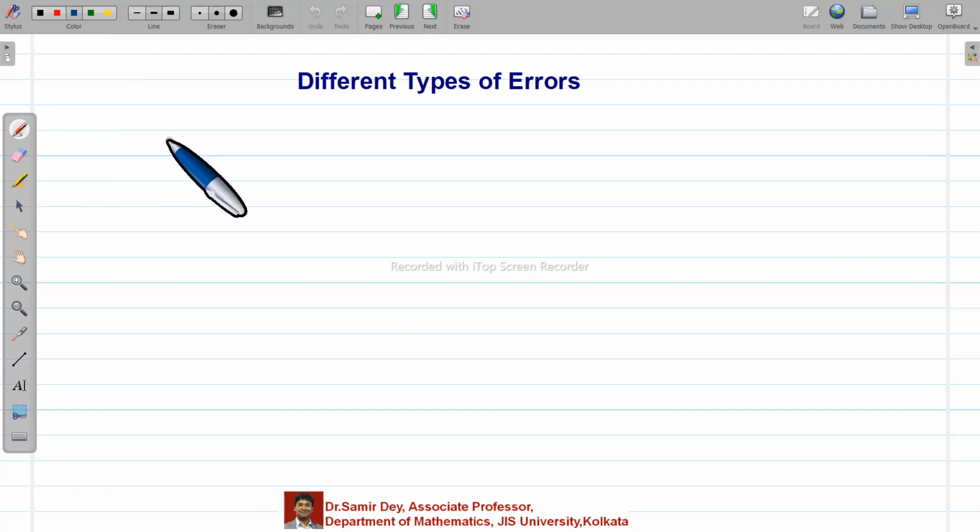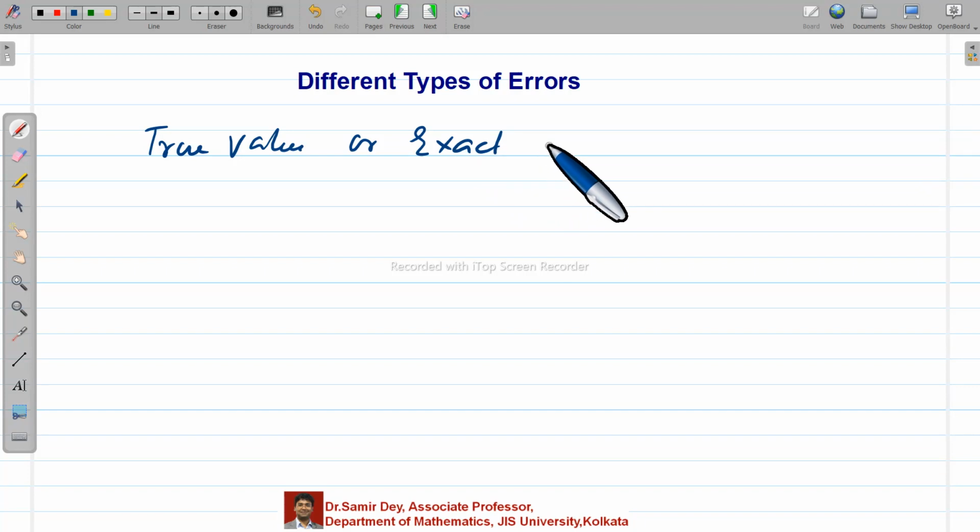So suppose I have a true value or exact value, there are two terms you can see. Here I will consider the true value or exact value as xt.